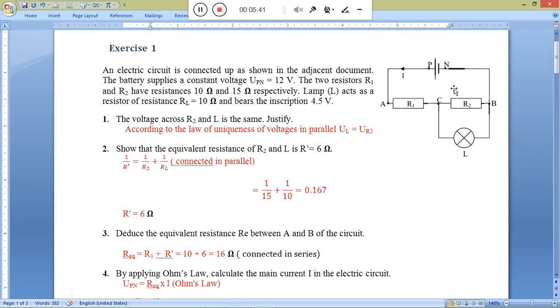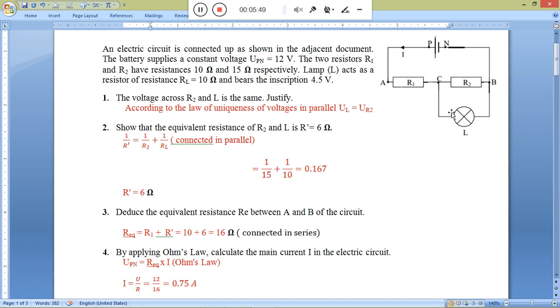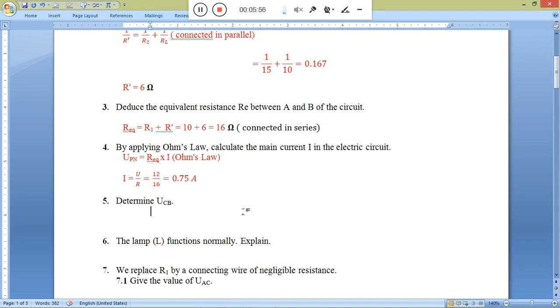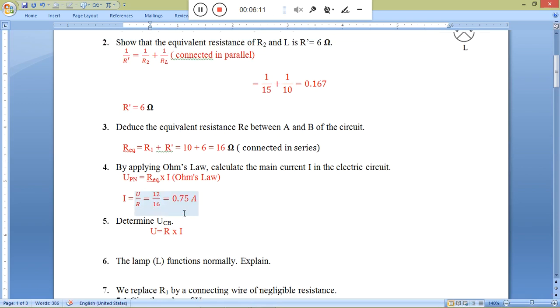Determine UCB. UCB is the voltage between the terminals of R2 and L, or R prime, you can say. The main current passes through R prime. So we apply Ohm's law, U equals R times I, but we should always specify which voltage, which resistance and which current we are using.